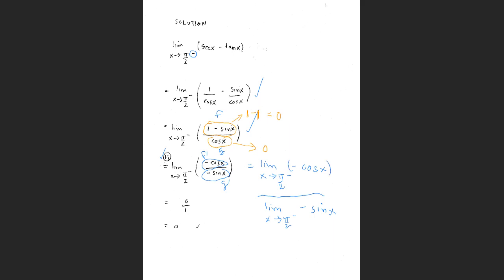Because the denominator is not approaching 0 as x goes to pi over 2. And so you get 0 over 1. The answer is 0.